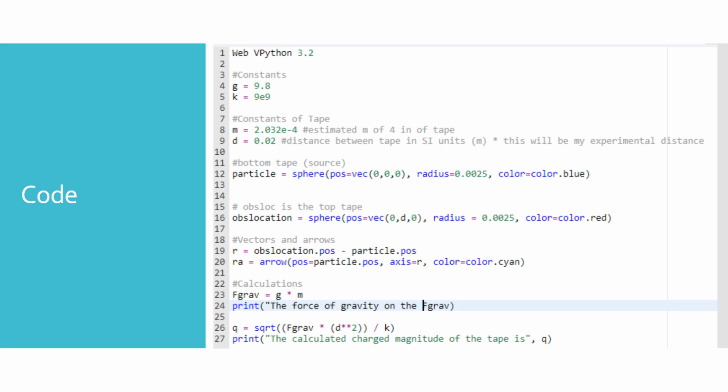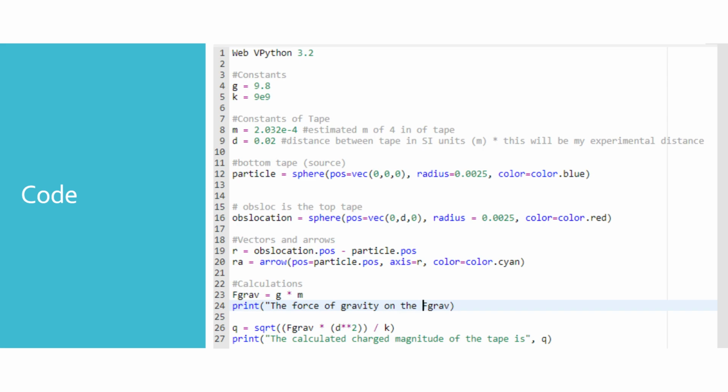For my computational model, I made this code, which shows the particle is the bottom piece of tape, and the observation location is the system, which is the top piece of tape. At the bottom you can see the calculations.